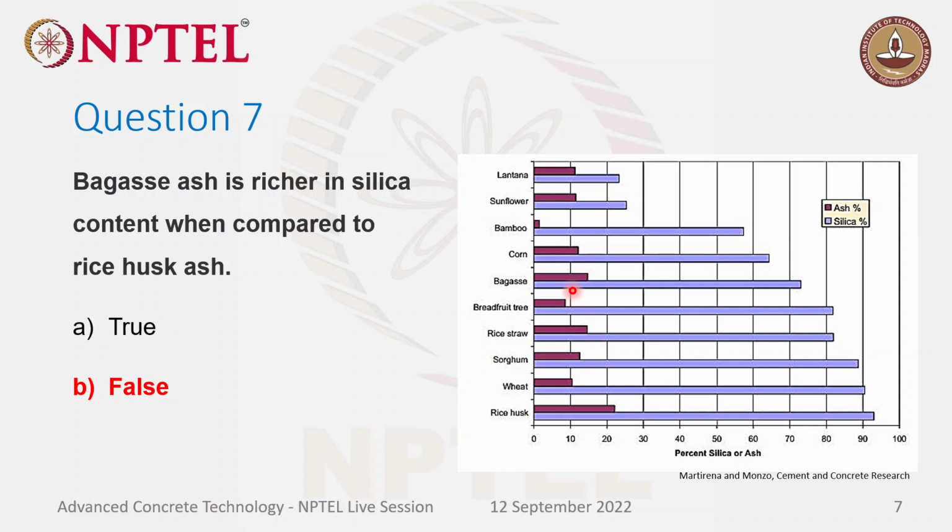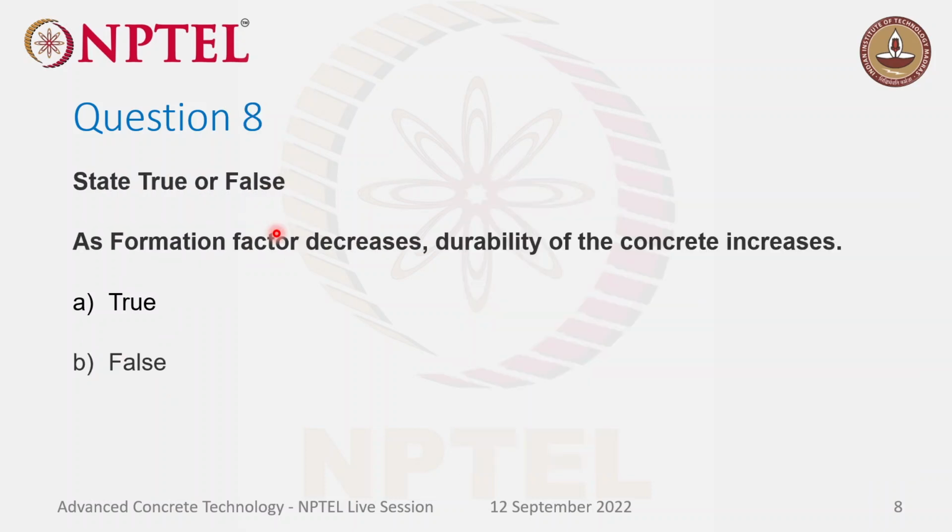In the bagasse ash there is about 70 to 75 percent silica, and in rice husk ash it is more than 90% silica. So bagasse ash is not richer in silica when compared to rice husk ash. So the answer is false. You guys have already given the correct answer.